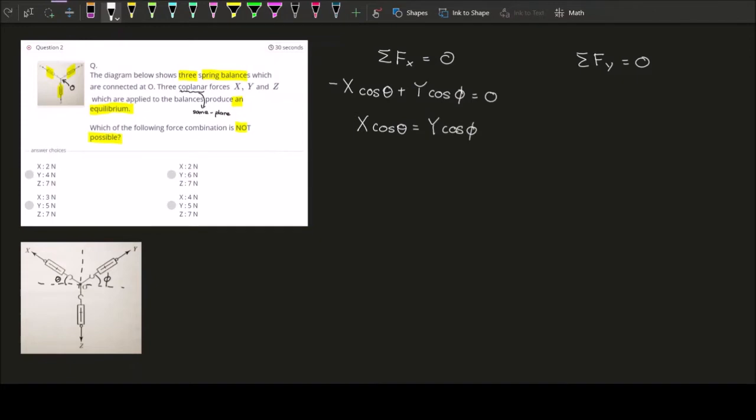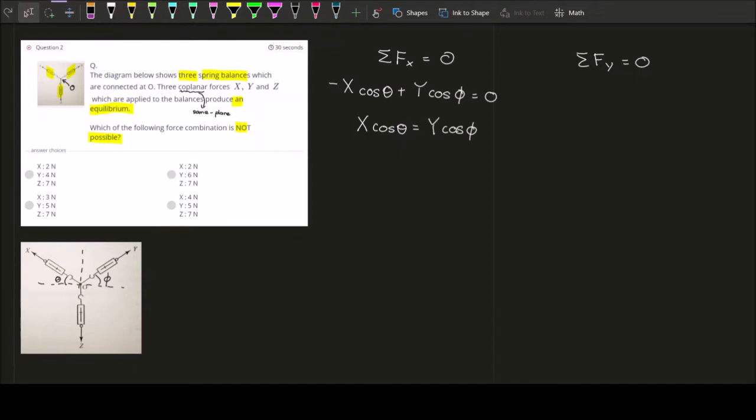Well, that's a result, but it's not really relevant because this is a relationship between x and y. We still don't know how to relate it to z. To actually relate it to z, you have to do things in the y component because z only exists in the y component. There's no x component for z.